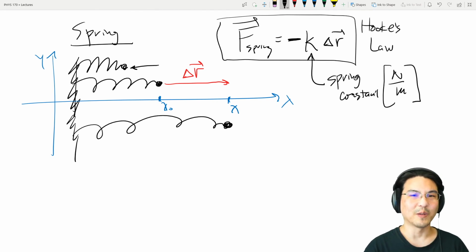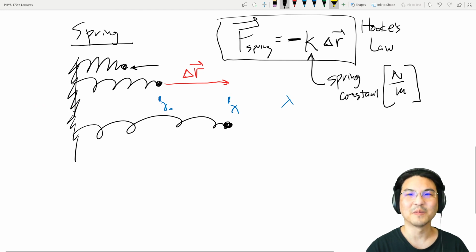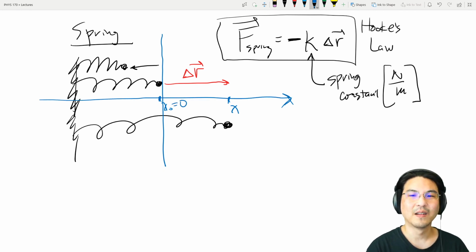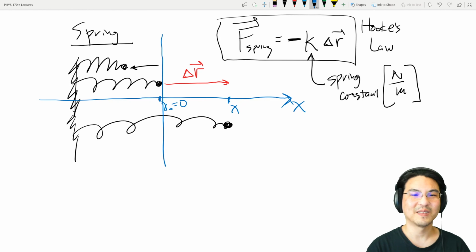Now, what about the work by the spring? So let's make this a little bit simpler. I'm going to move my coordinate system right here. So the origin is just where the spring is in its unstretched position. So then I can say my initial position is 0.